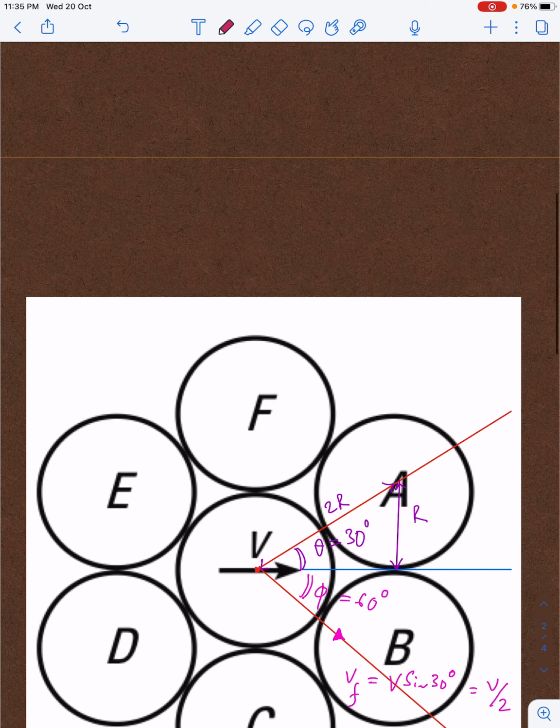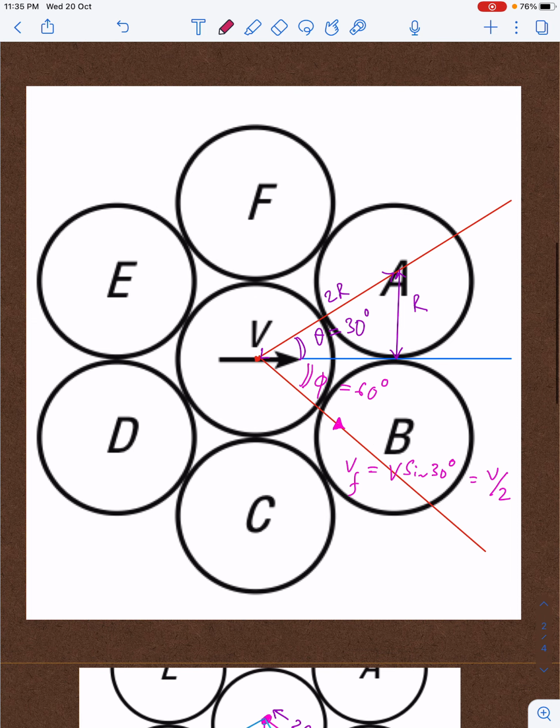Let us see. So here you can see the larger setup. First this ball is approaching with velocity v, and it collides with A first. When it collides with A, I can assume that this ball will deflect in that direction. For that, phi is equal to, we have seen, 90 degrees minus theta.